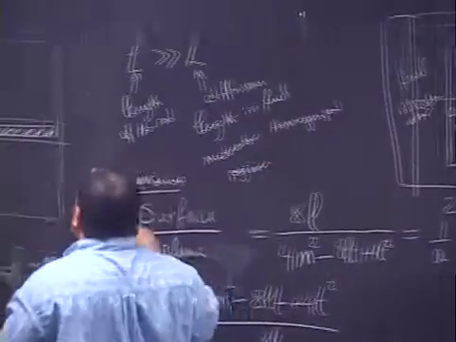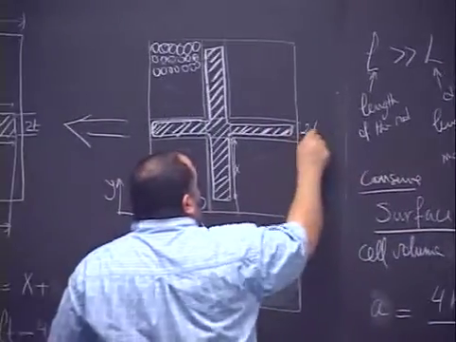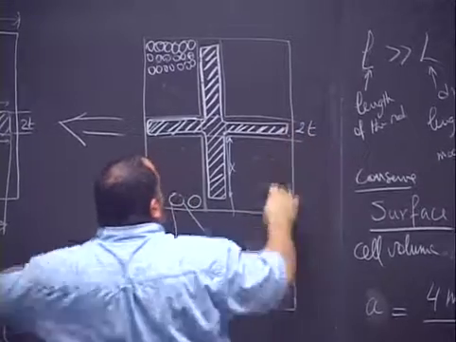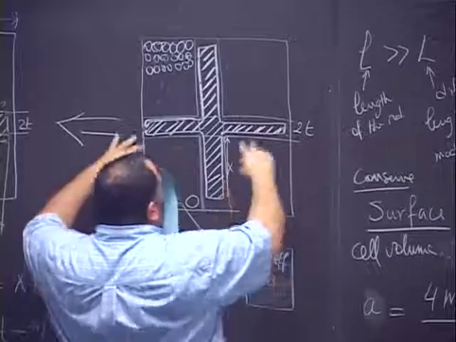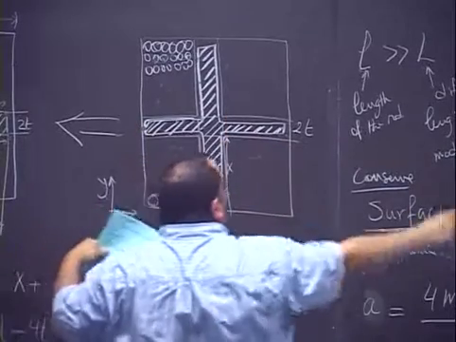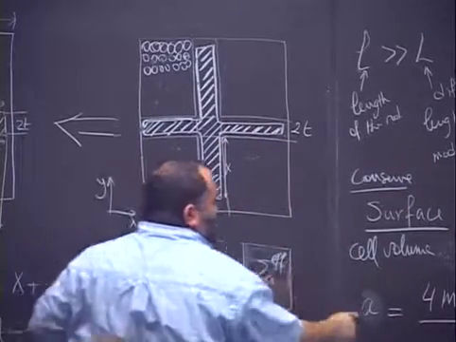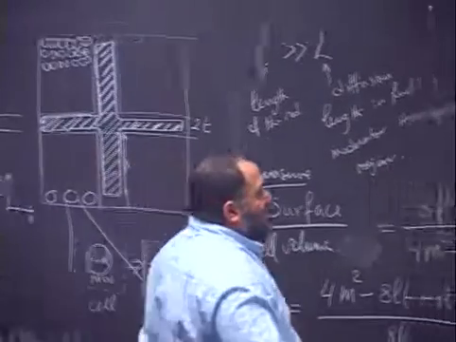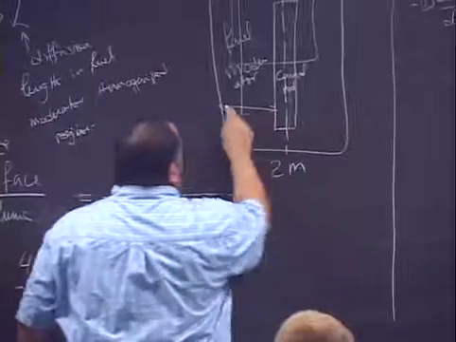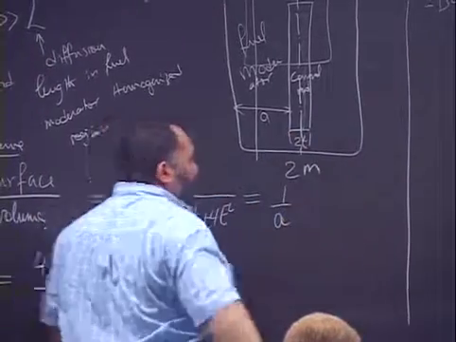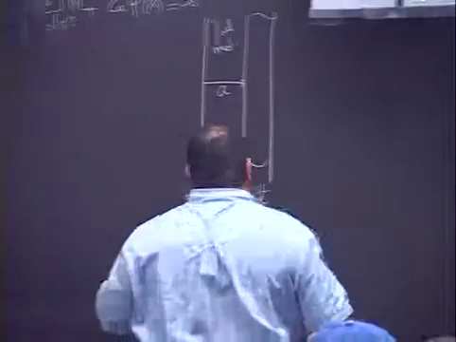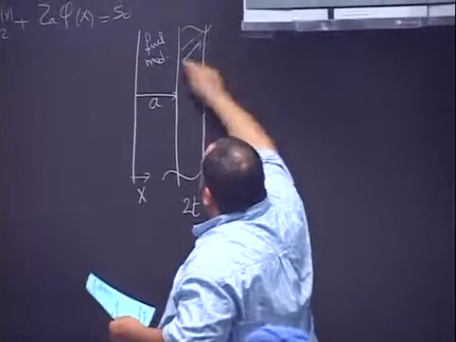The thickness of the control rod was 2t, but the L was 2L. Then I transformed this from 2 dimensions to 1 dimension, and I got a characteristic A for the unit cell. So this is the A for the unit cell, and this is the 2T from before. So this is the control rod.